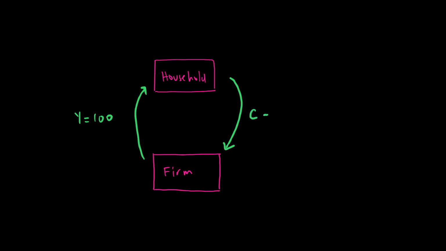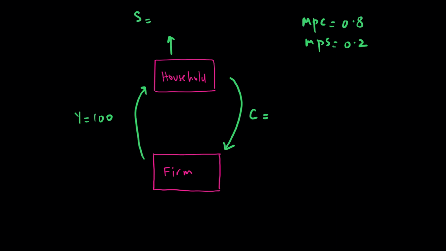But before I talk about how much consumption takes place, we know our MPC is basically 0.8 and our MPS is 0.2. So whenever you get an income of 100, you don't spend all the income. In fact, you save 0.2 of 100, which is equal to 20.